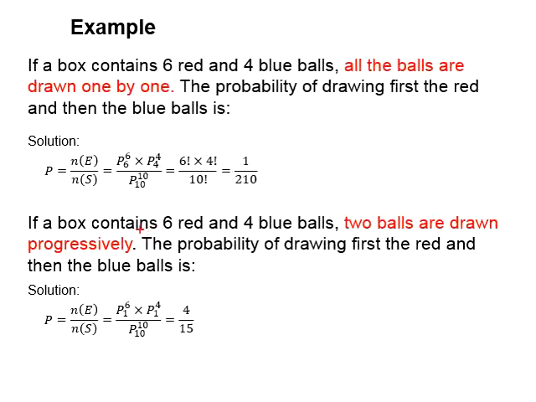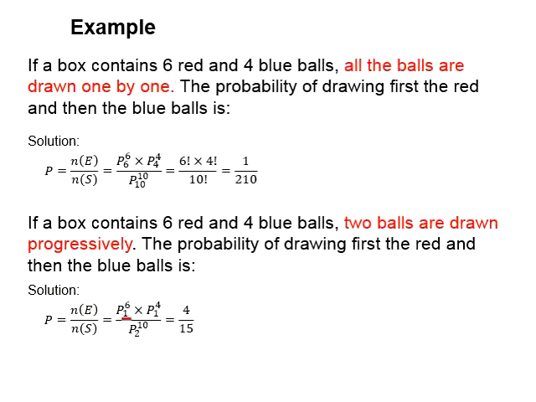Let's say now in the same box containing the same 6 red and 4 blue balls, 2 balls are drawn progressively. You want the first to be red and the second to be blue. To determine the probability, it is the division of the event by the space.